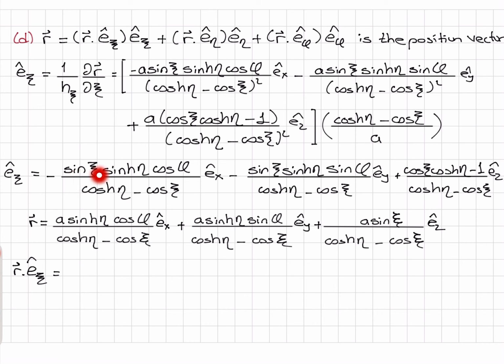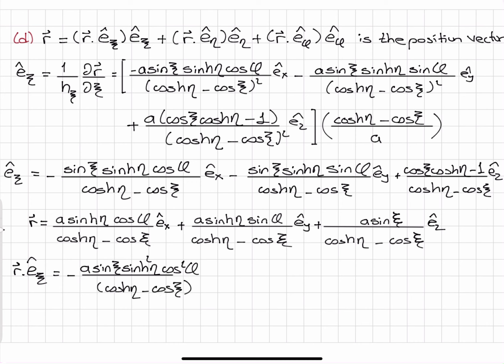So I have a sine psi here. So minus A sine psi. I have the squares of these terms. Sine hyperbolic eta squared cosine squared phi divided by cosine hyperbolic eta minus cosine psi squared. That's this first term from the x components.